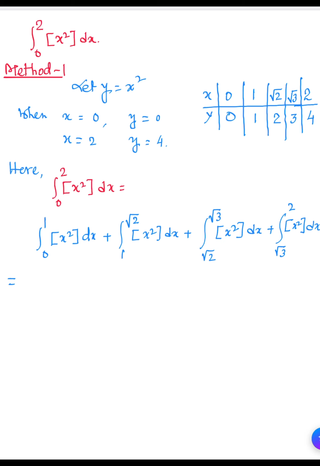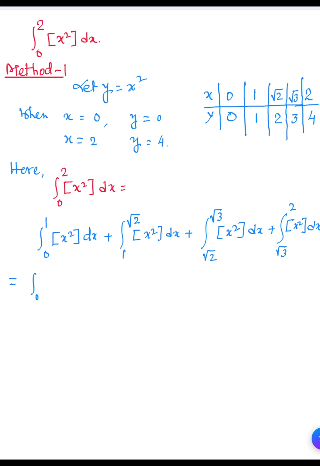From 0 to 1, the greatest integer of x square is 0. From 1 to root 2, the greatest integer of x square is 1.